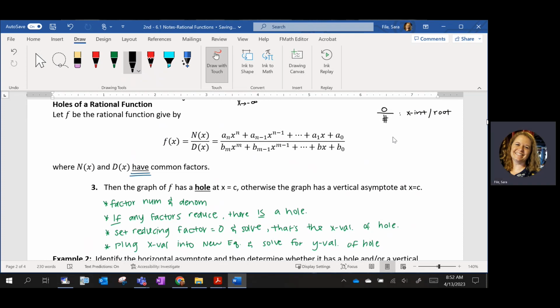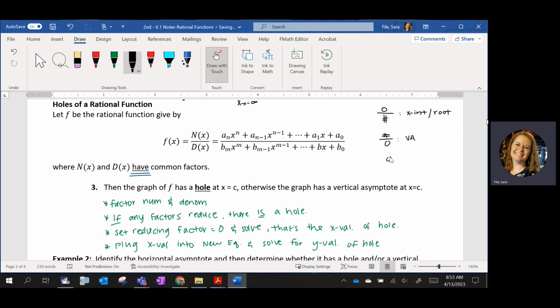But if there's a number that we can plug in and it makes the denominator 0, but not the numerator, that's where we're going to have those vertical asymptotes we were just talking about. Anything that makes the denominator 0 is a vertical asymptote. That's what we said, right?